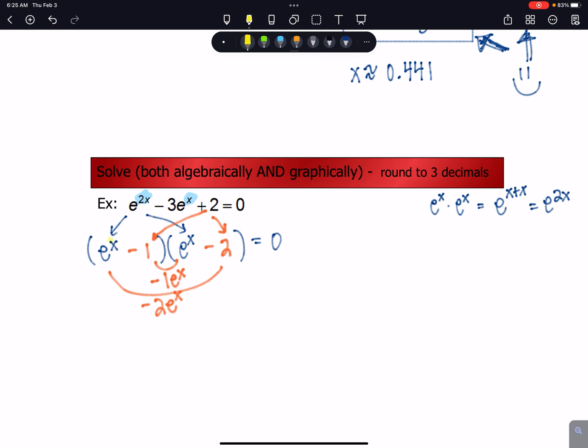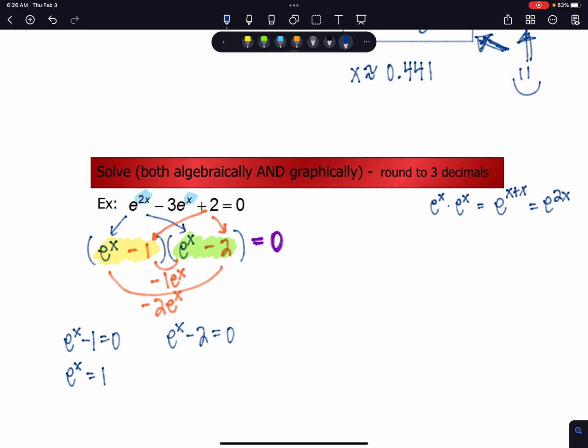I'm going to use the zero product property, set each variable factor equal to 0 because my equation is equal to 0. So we have e to the x minus 1 equals 0 and e to the x minus 2 equals 0. e to the x equals 1.